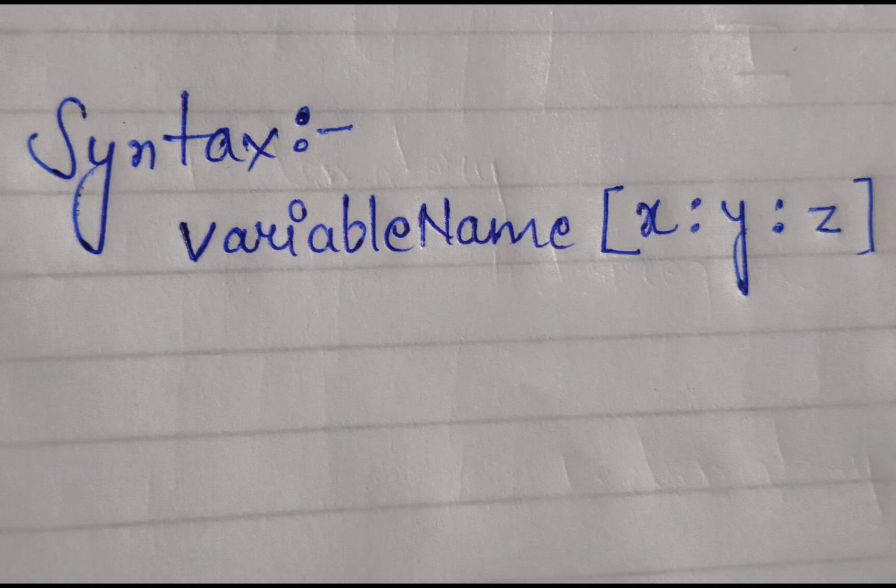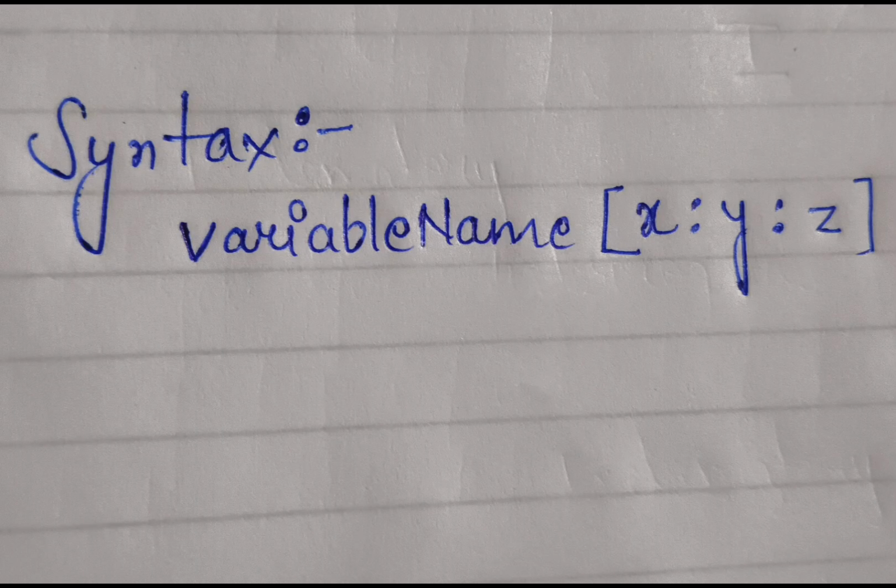But always remember that y is the exclusive position, like whatever we will mention will not be included. Like if we are writing 7 in the position of y, then 7 will not be included. Only the characters till the sixth index will be accessed.